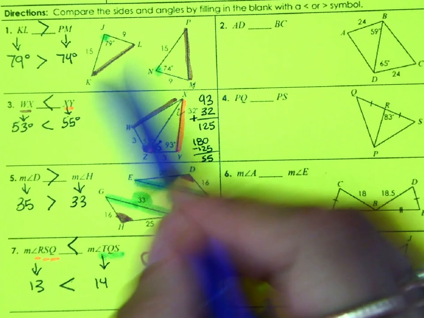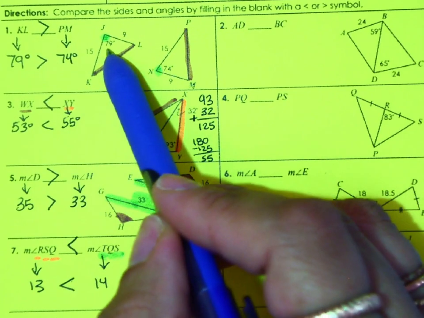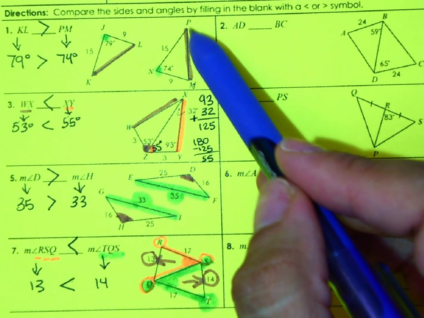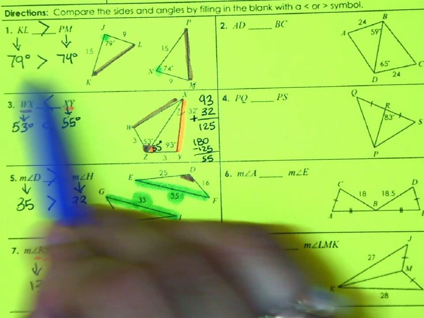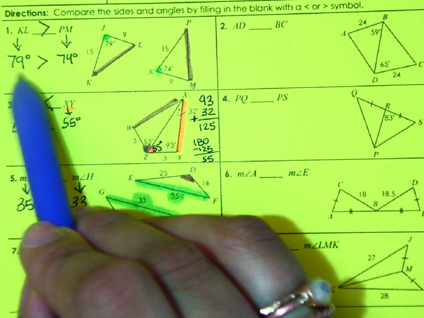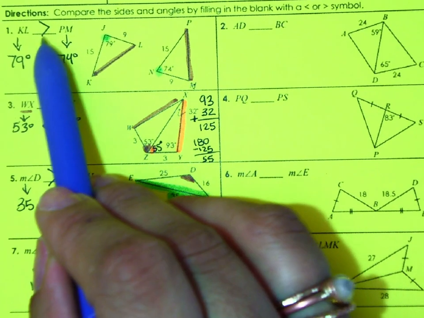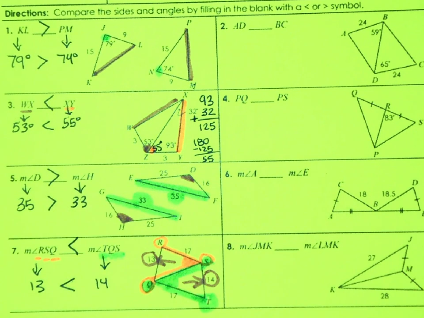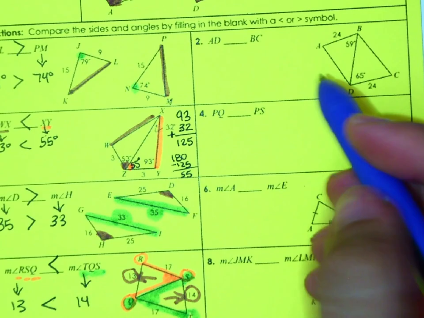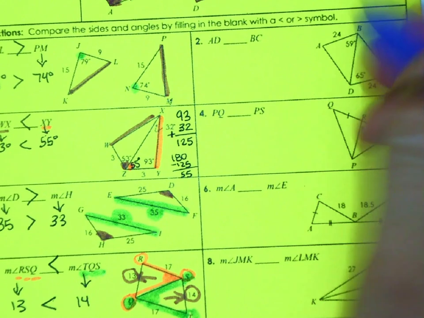So the angle across from KL is 79 degrees. The angle across from PM is 74 degrees. If we write those side by side, we can say that 79 is greater than 74, so therefore KL will be greater than PM.